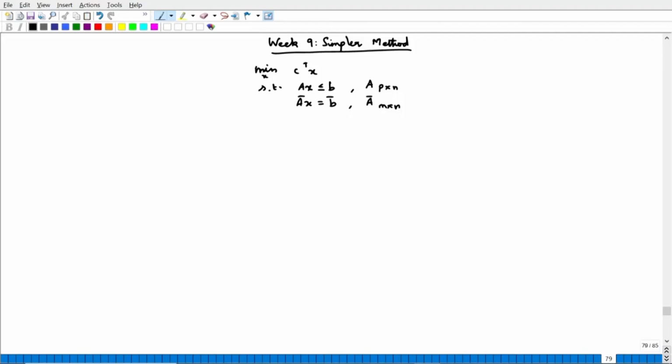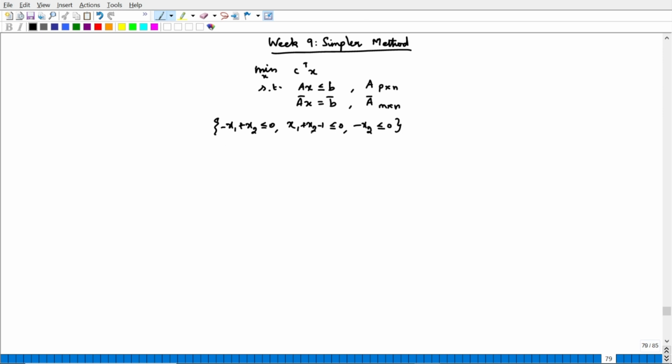For example, if you had this set of constraints: minus x1 plus x2 less than or equal to 0, x1 plus x2 minus 1 less than or equal to 0, and minus x2 less than or equal to 0.